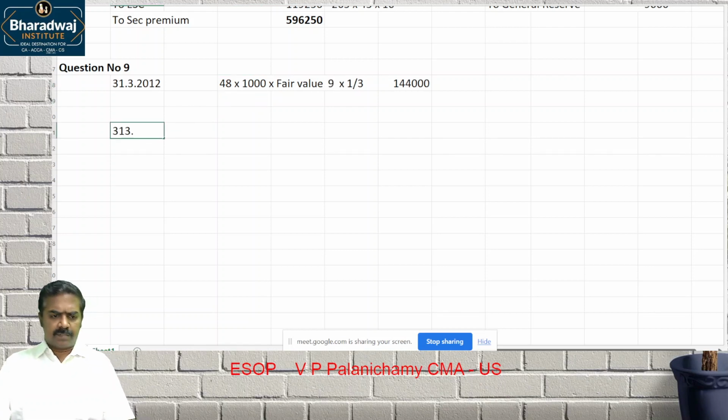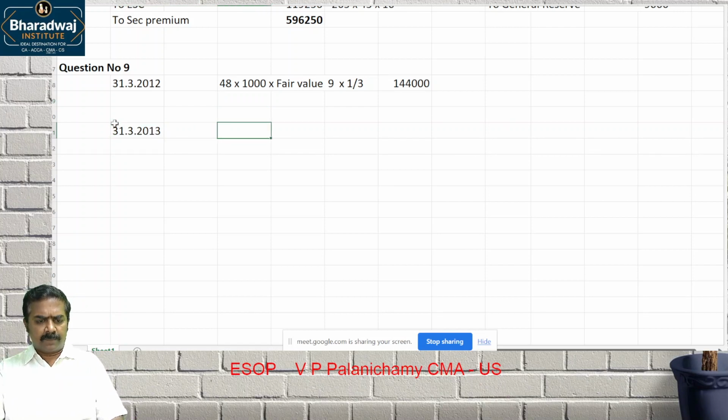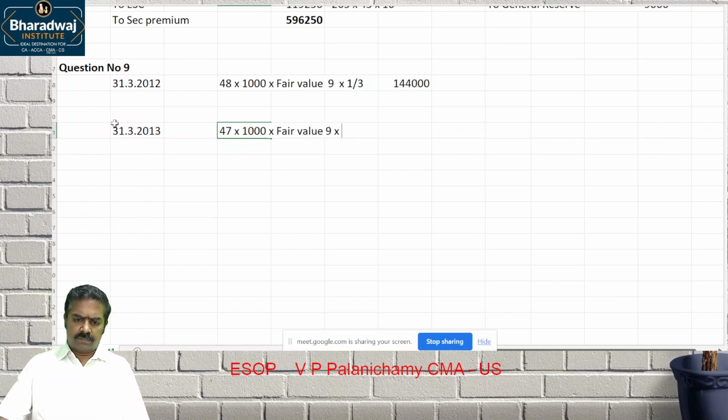On 31st March 2013, how many employees are there? 47 employees into 1000 options into fair value at that date, we estimate 9 also. Cumulatively 2 by 3.